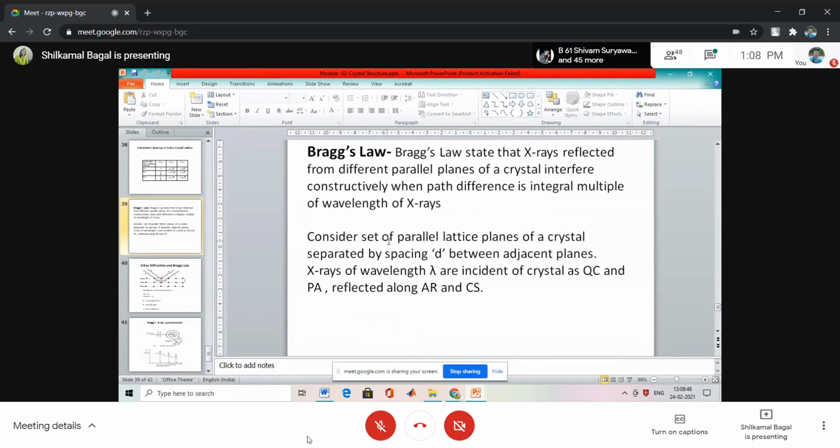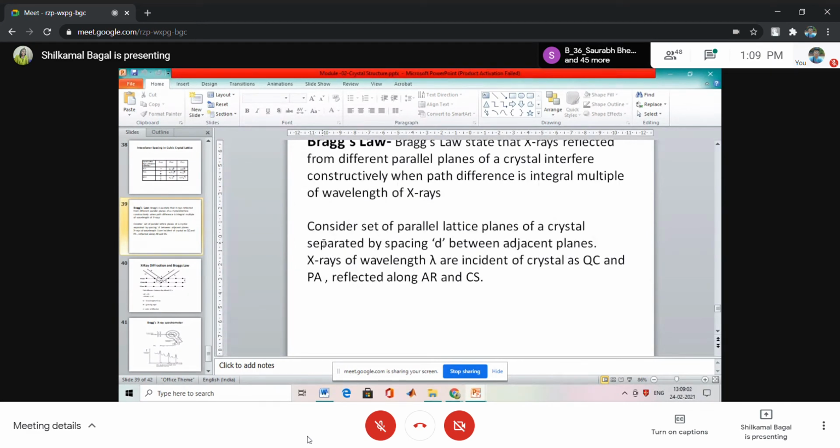So this much you have to write. First of all, write the law, Bragg's law. That is, X-rays reflected from different parallel planes of a crystal interfere constructively when path difference is an integral multiple of the wavelength of X-rays. And to prove that, consider a set of parallel lattice planes of a crystal separated by spacing d between adjacent planes.